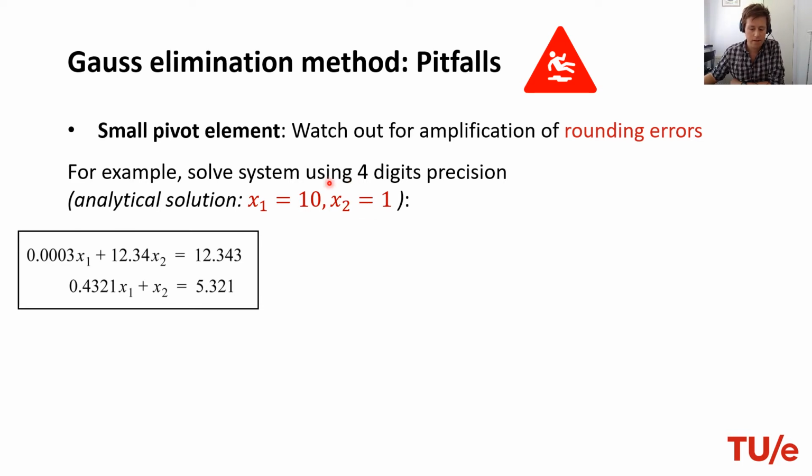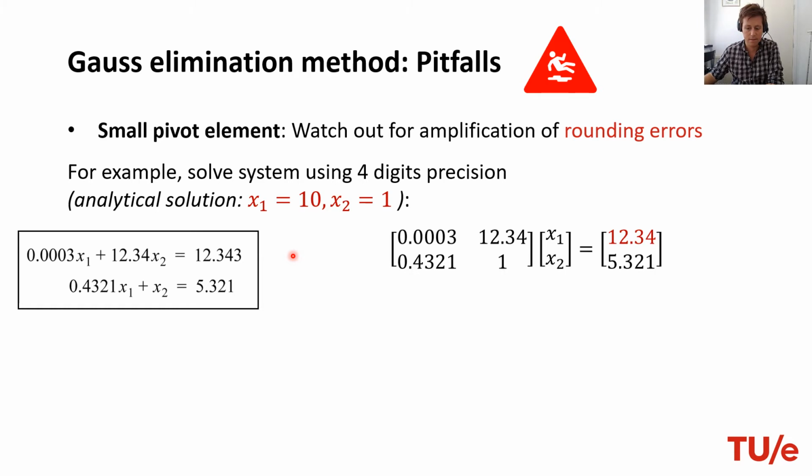We solve this system using 4-digit precision. So we first cast this into a matrix system. And immediately we see a first rounding error, where this 12.343, which has 5 digits, is rounded to a 4-digit representation of that number.